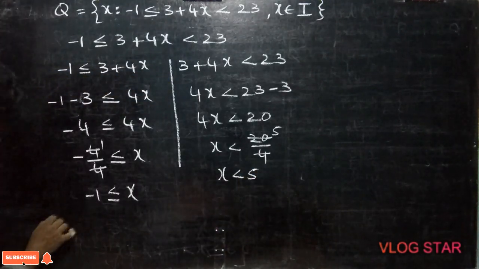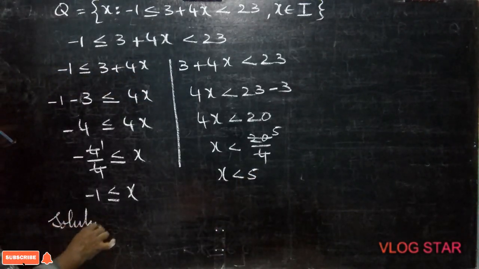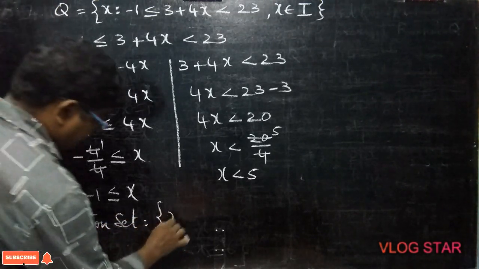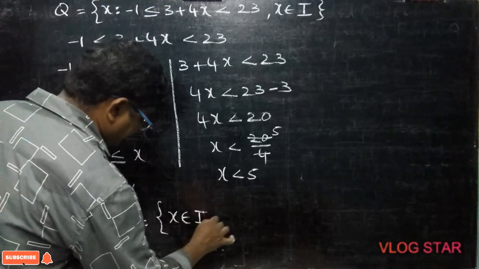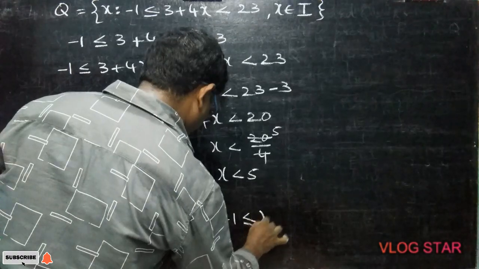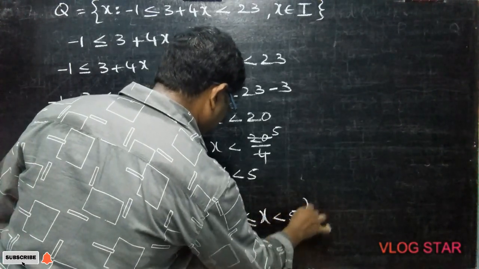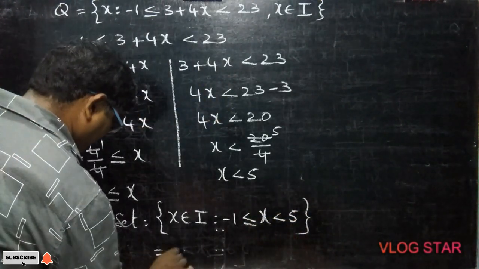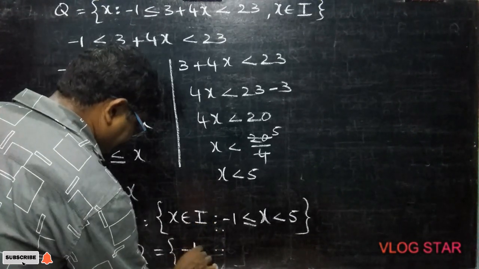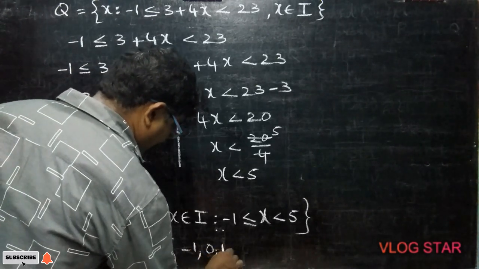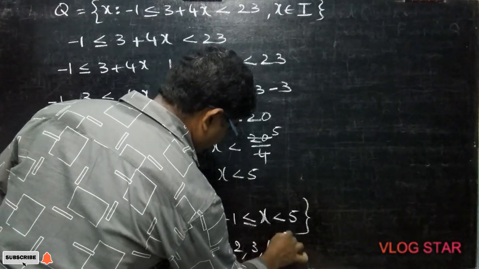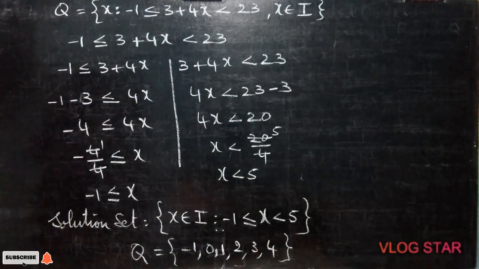Now write the solution set. X belongs to I such that minus 1 less than or equal to x less than 5. So what numbers will come? This is Q. Q is equal to minus 1, 0, 1, 2, 3, 4. 5 will not come up to that one.